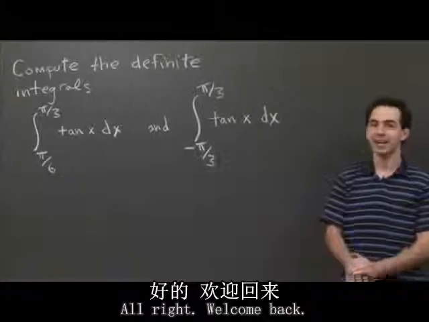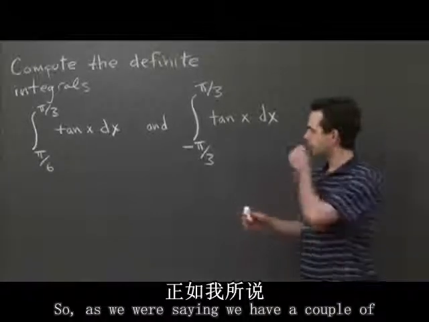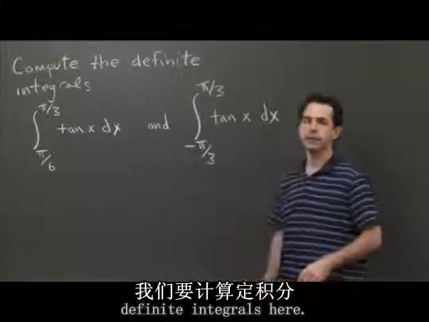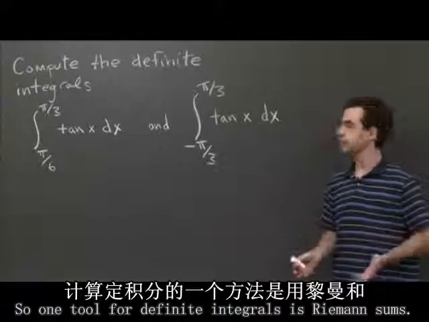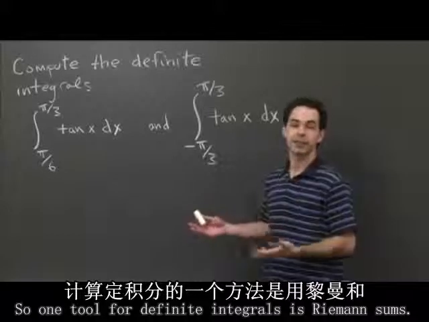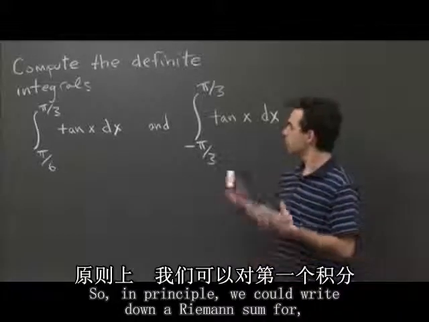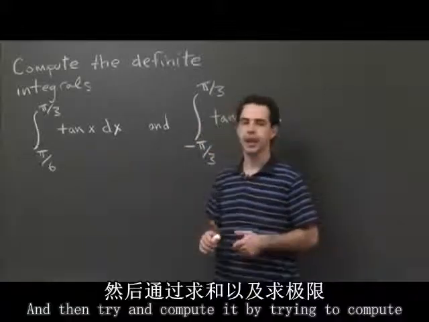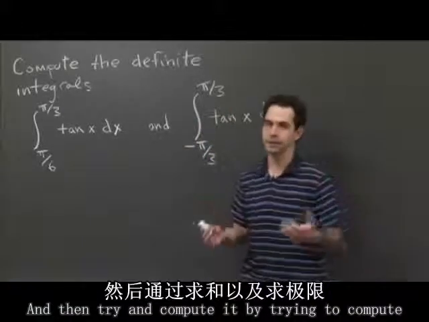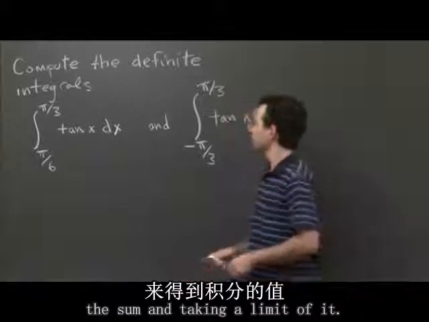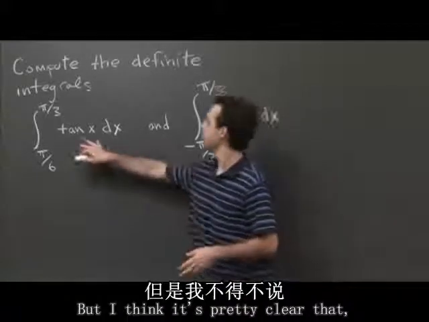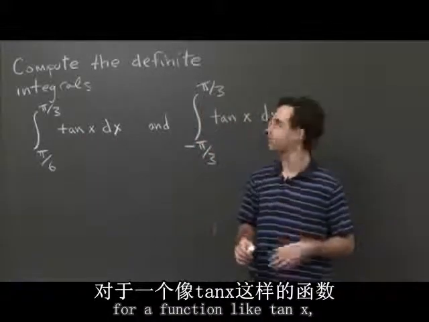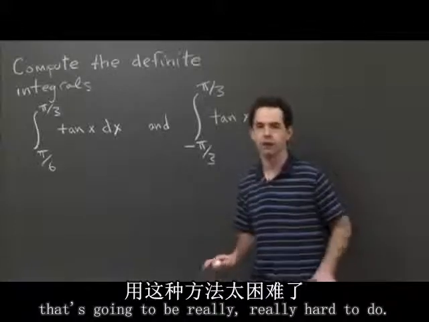All right, welcome back. So as we were saying, we have a couple definite integrals here. One tool for definite integrals is Riemann sums. In principle, we could write down a Riemann sum for, say, this first integral here, and then try to compute it by computing the sum and taking a limit. But I think it's pretty clear that for a function like tan x, that's going to be really, really hard to do.